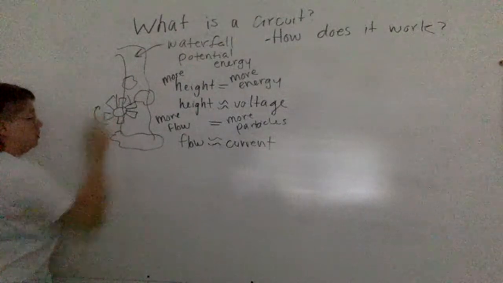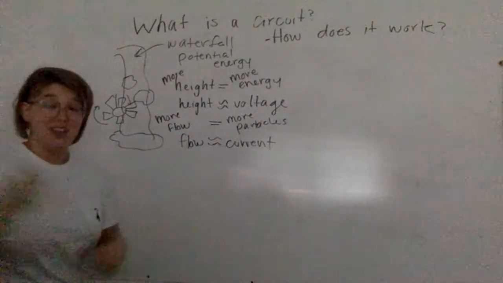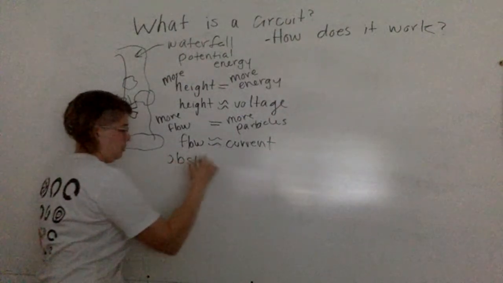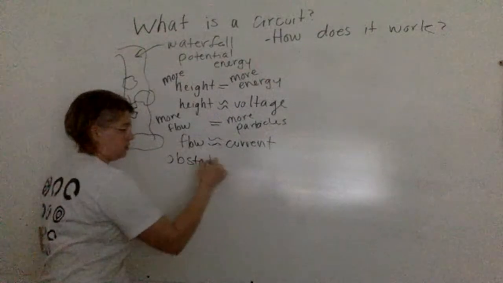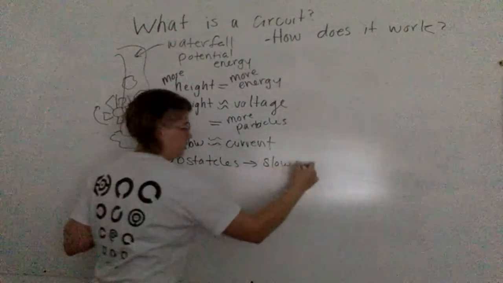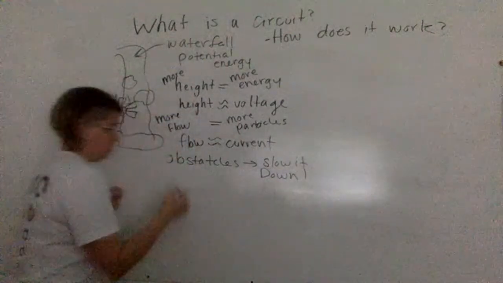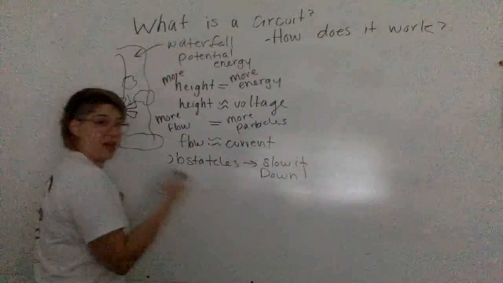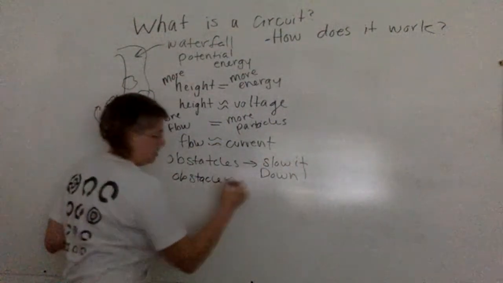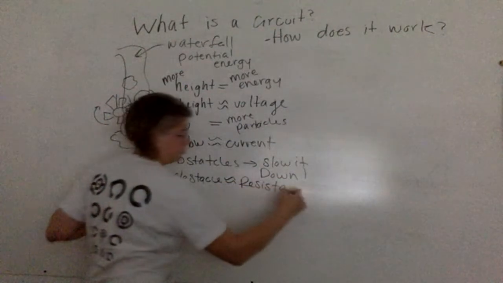As we add more rocks and paddle wheels and things in the way, that's our resistance. The more obstacles we have, the more it's going to slow down. Any obstacles to the path of our waterfall are like the resistance that we saw in the circuit.